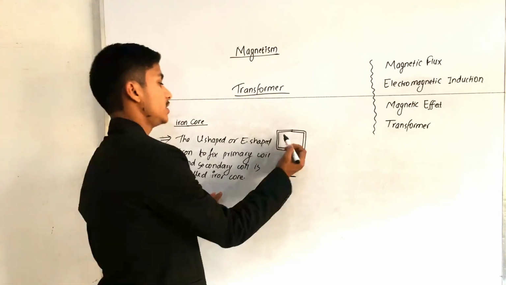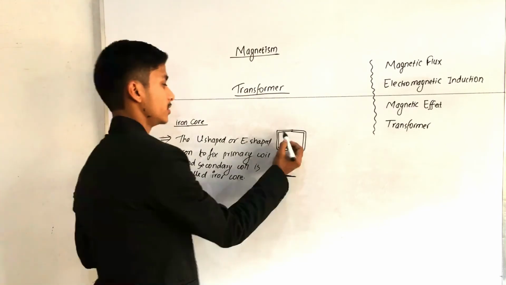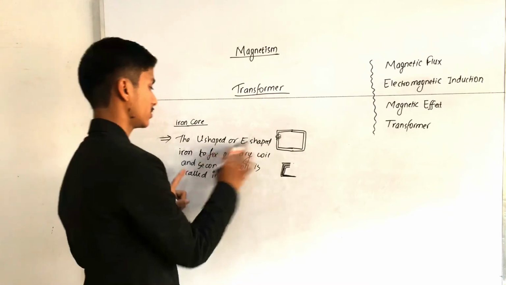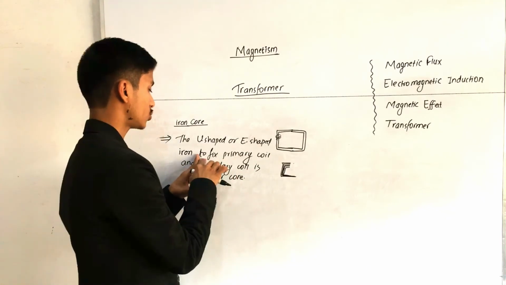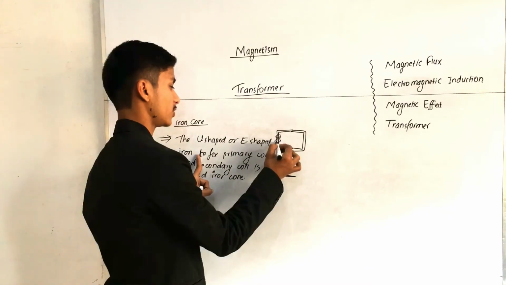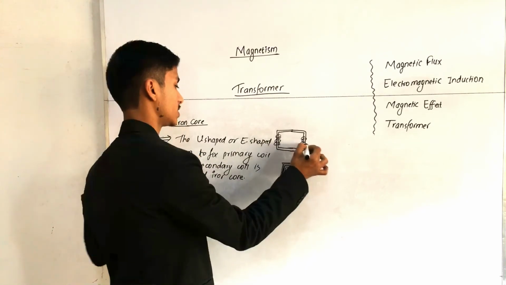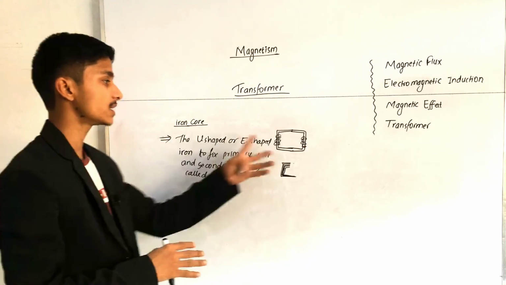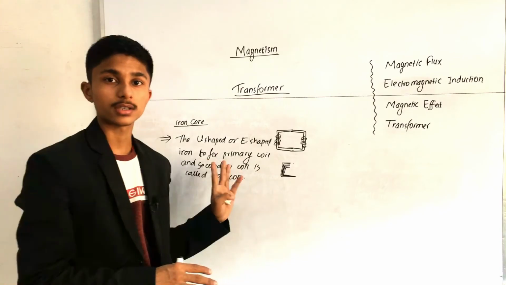Here the primary coil is fixed and here the secondary coil is fixed. So this is called the core.